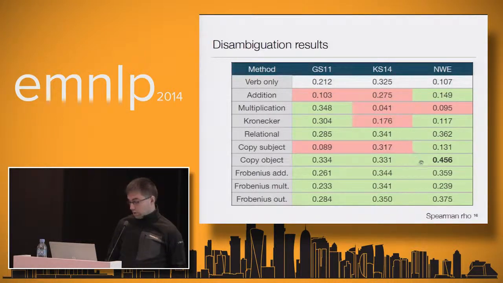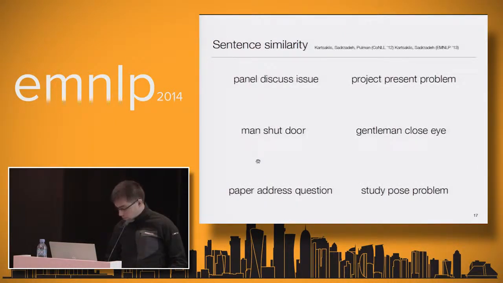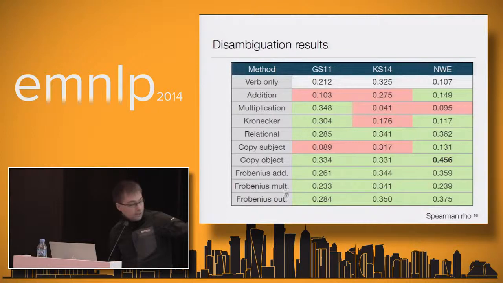Then neural vectors gave the best result, and it's almost state of the art, which is 4.7, I think. Again, as you can see, copy object is the best compositional method. It might be because the object is actually what carries the disambiguation. And unfortunately, the mixture models do not always behave as well as just copy object. So they introduce some noise.